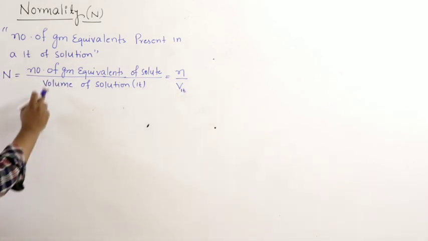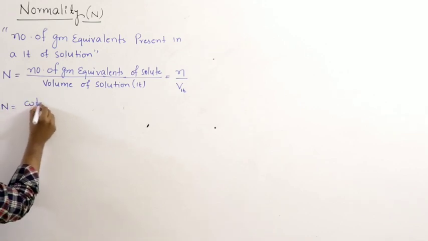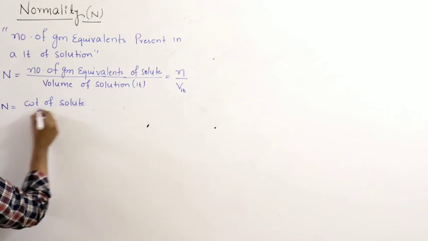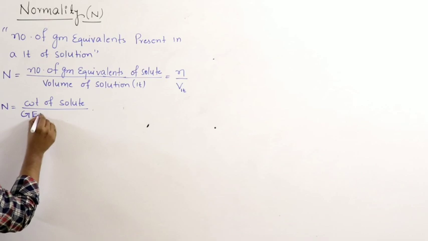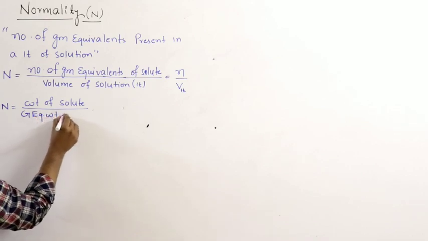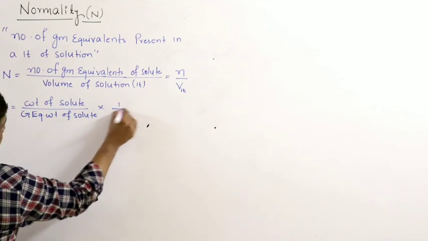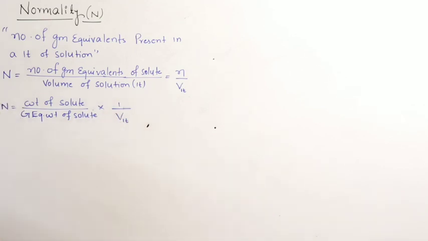Now how do you find number of gram equivalents? Already we have studied: weight of solute in grams by gram equivalent weight of solute, into 1 by V in liters.